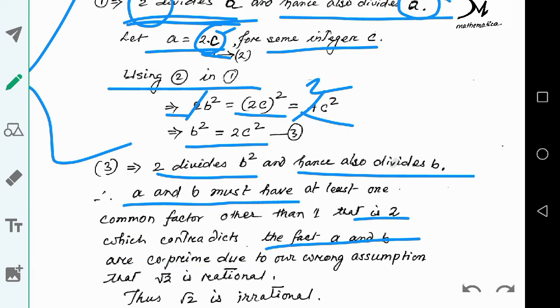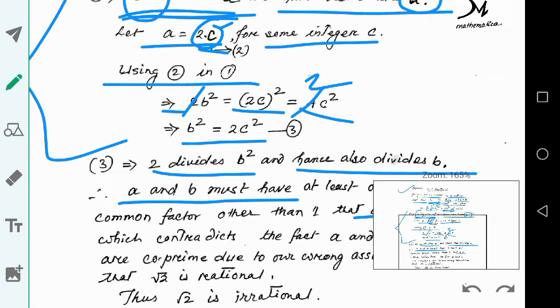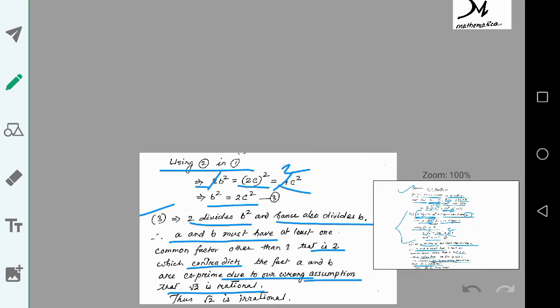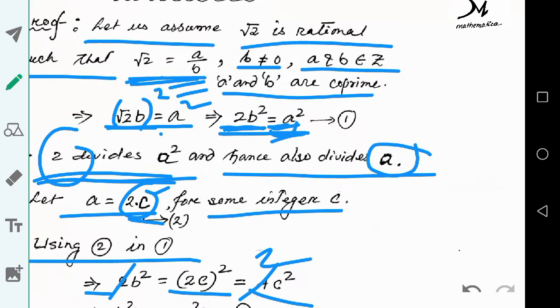If they were co-prime, they should not have a common factor. That's why the contradiction occurs, and this contradiction occurs due to our wrong assumption. What was the wrong assumption? Root 2 is rational. That is our wrong assumption.